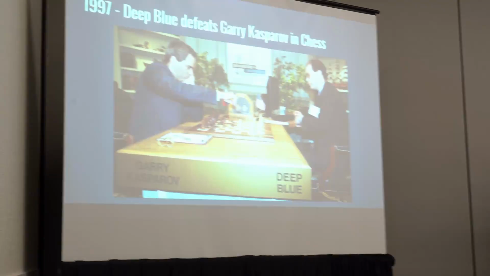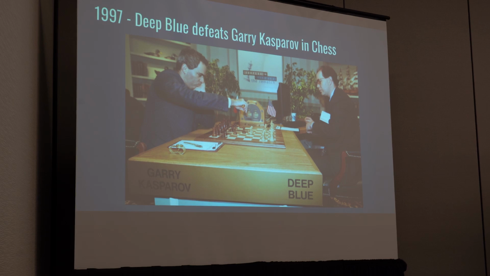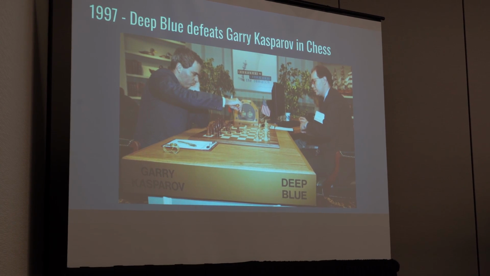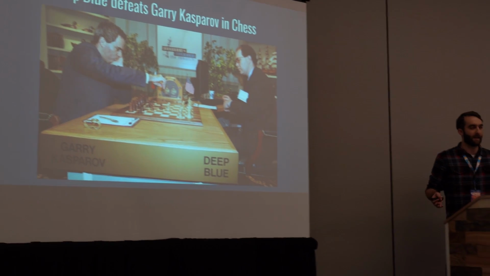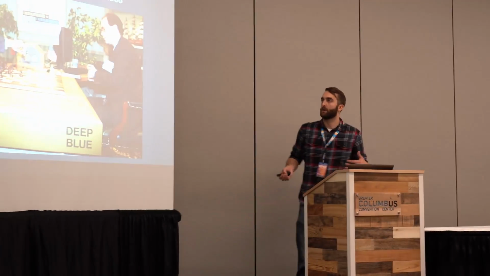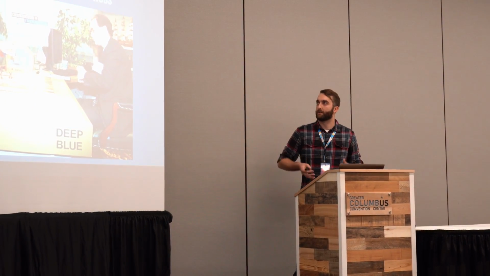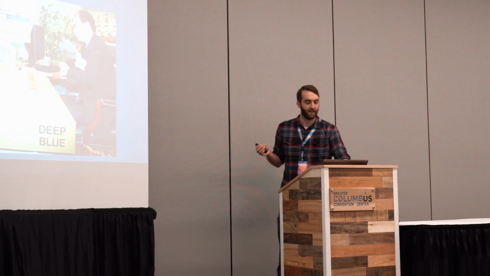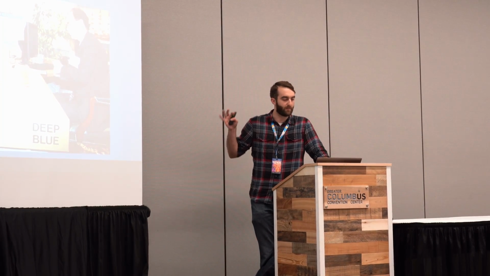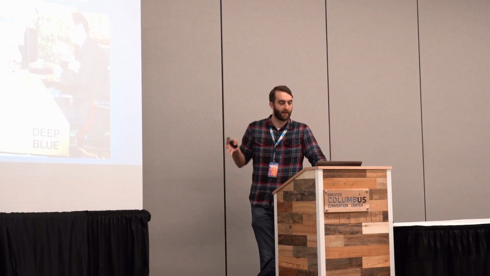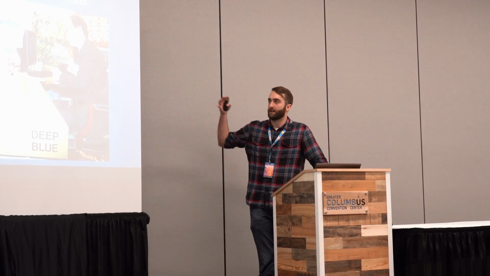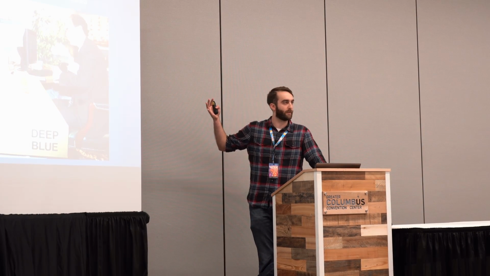So a little bit of history. Machine learning was started in like the 60s, and people have been studying AI for a very long time. One of the first earliest big victories for AI was when IBM's Deep Blue supercomputer played Garry Kasparov, who was the best chess player in the world at the time.